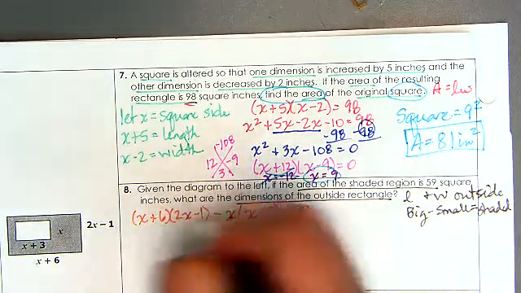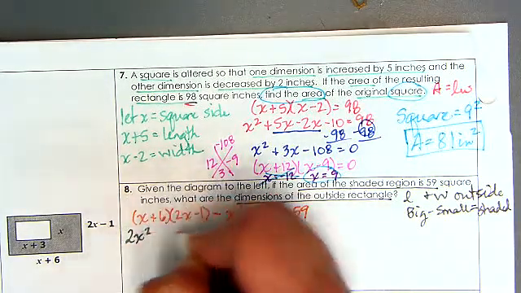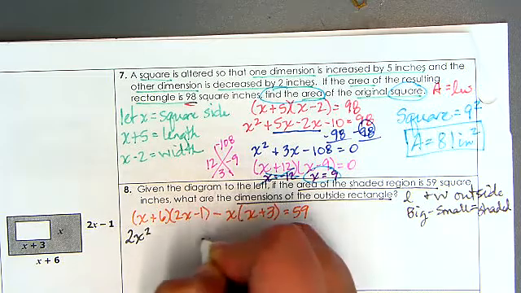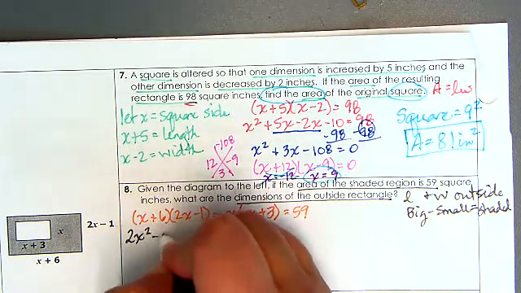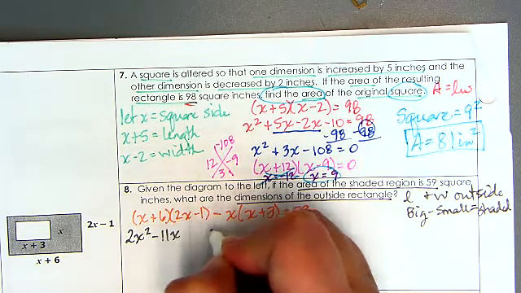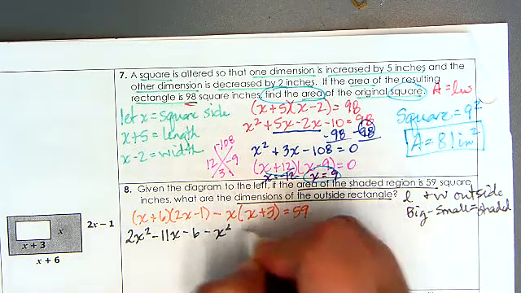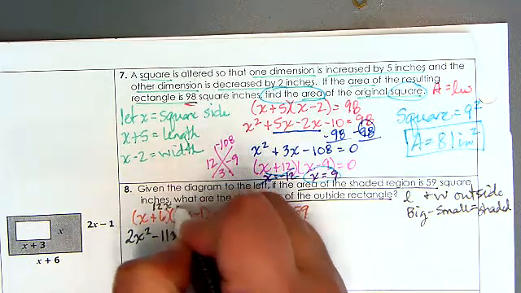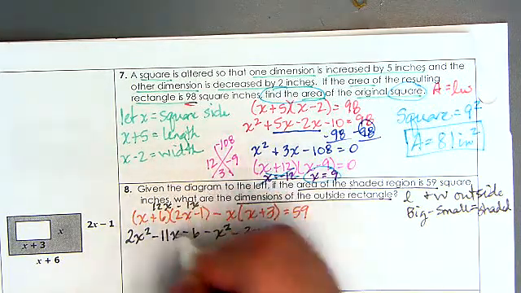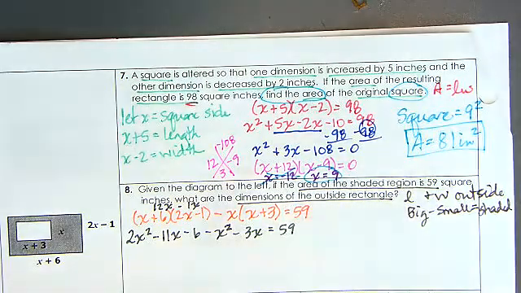I'm going to FOIL or distribute here, and I'm going to end up with 2x squared plus 11x minus 6, minus x squared minus 3x, since 12x minus 1x gives me the 11x, equals 59.